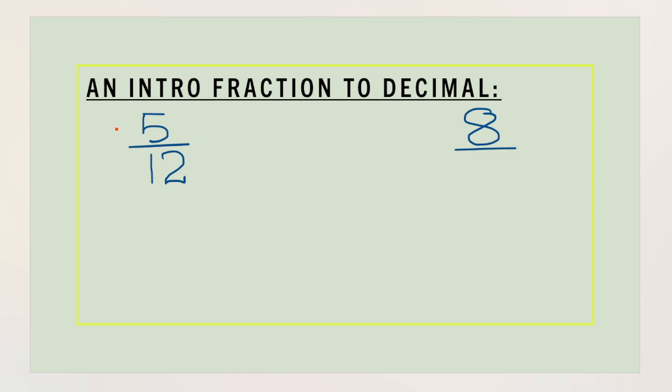That is 5/12. 5/12 means, again, I see 5 divided by 12, where 5 being my dividend goes inside, 12 being my divisor stays outside. But in this case, the divisor is 2 digits, leaving behind my dividend as 1 digit.